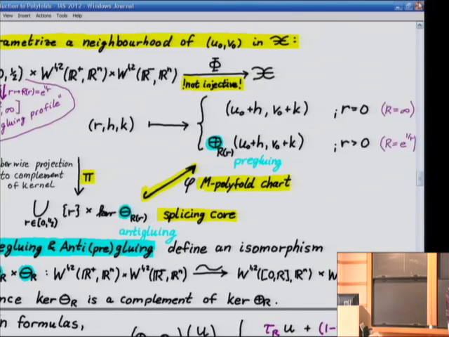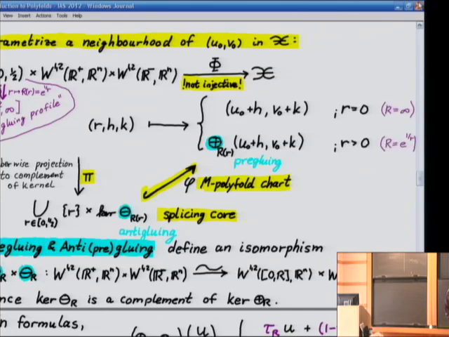I still prefer the language of splicing cores, and I think it's easier to understand what's going on. For every gluing parameter, I can look at what this map does. For gluing parameter 0, it is injective here, so this fiber should be the whole space, because that's where things are homeomorphic.